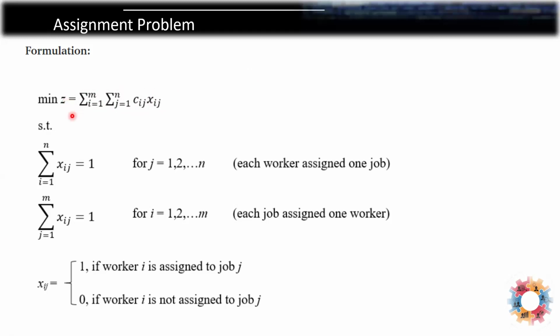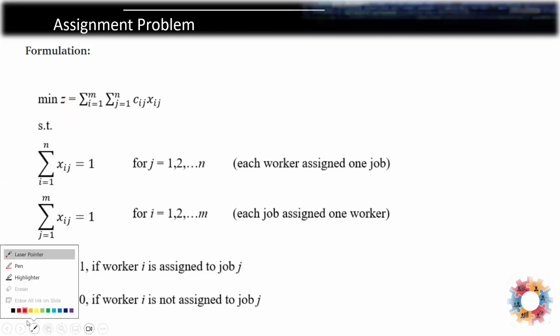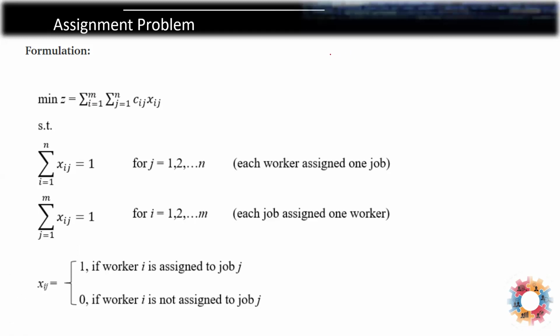The expression here for the objective function may look difficult, but actually when you convert that to an equation without the summation, this is just the same as minimize z equal to, so you can start from, let's say, C sub 1,1.